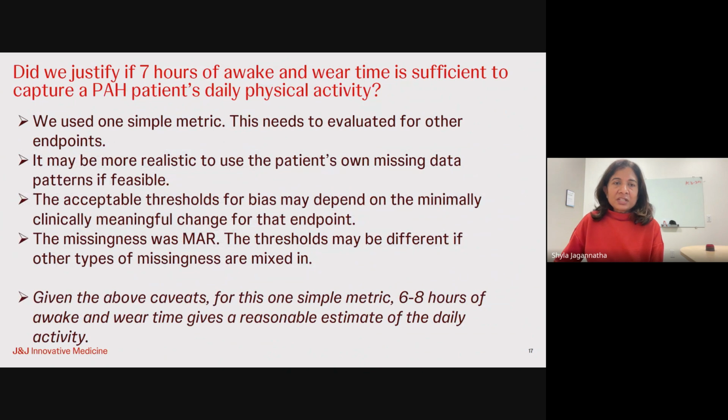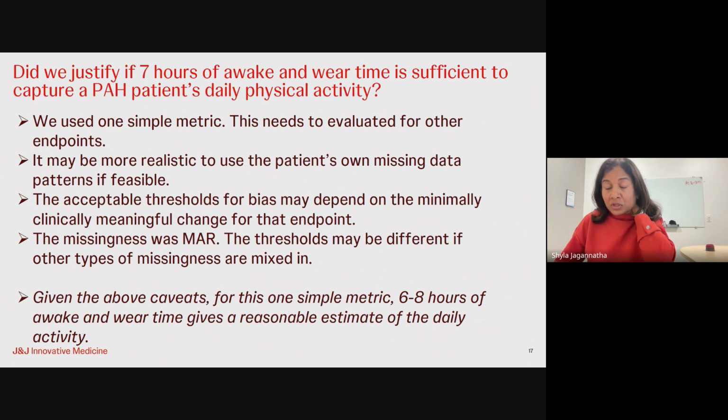So did we justify 7 hours of wear time as sufficient? As I mentioned going through the slides, it's one simple metric. Doing this approach, this needs to be evaluated for the other endpoints, and we should understand if the thresholds that we have used are acceptable.